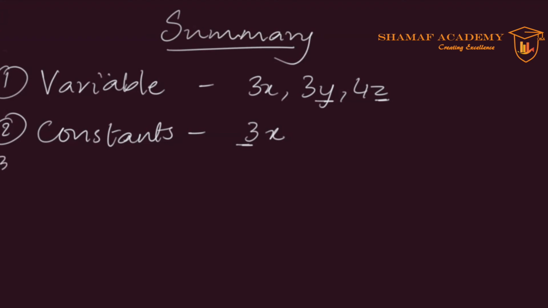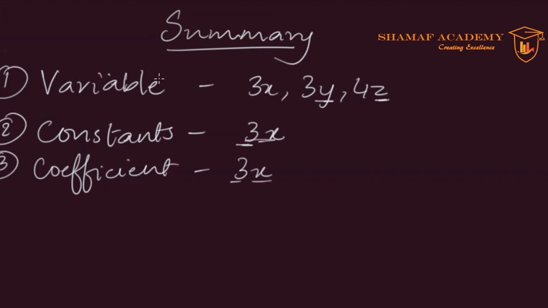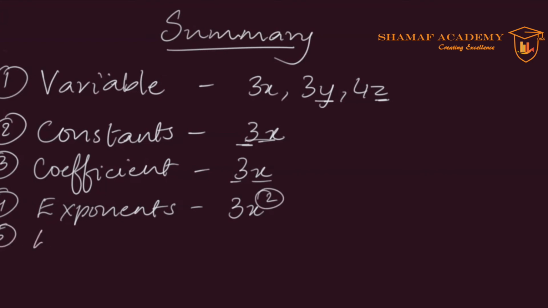And then we have studied about coefficient, where we talk about the relation between the constant and a variable. And then we have studied about exponents, where we talk about the powers or the raised to thing. And then we have studied about expression, terms, and equation.